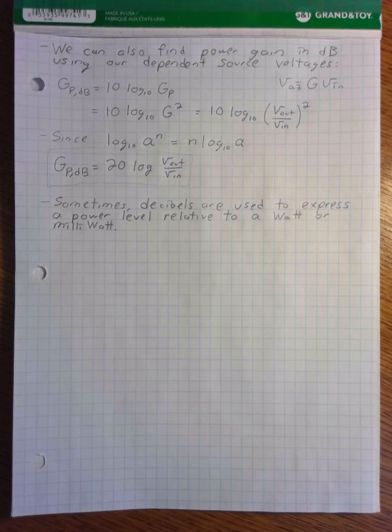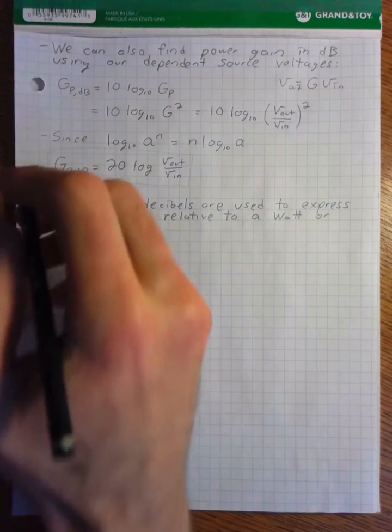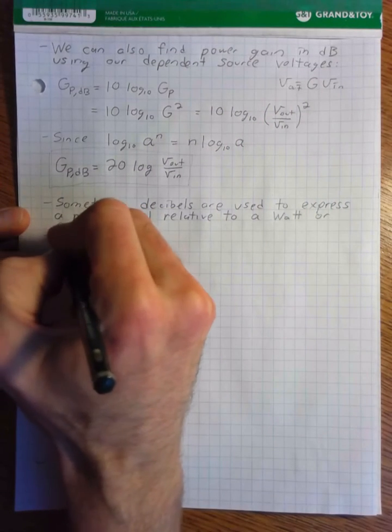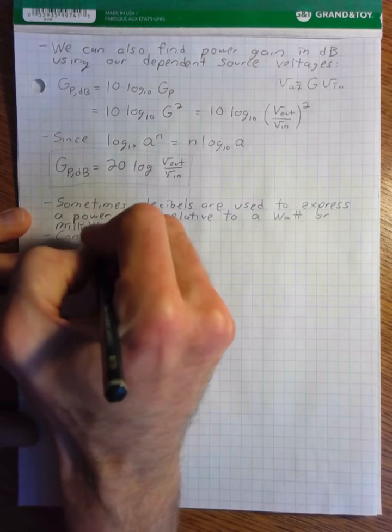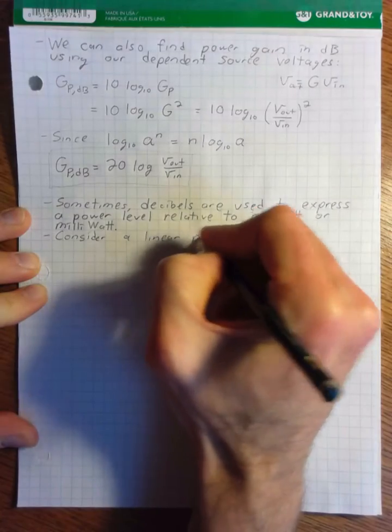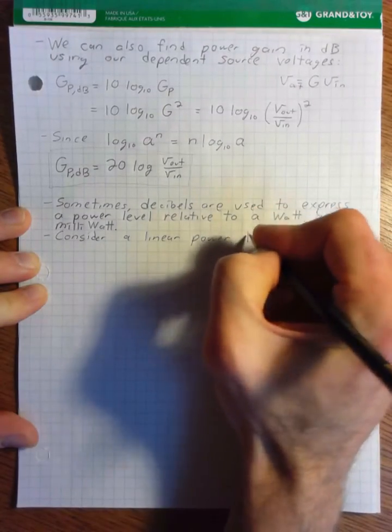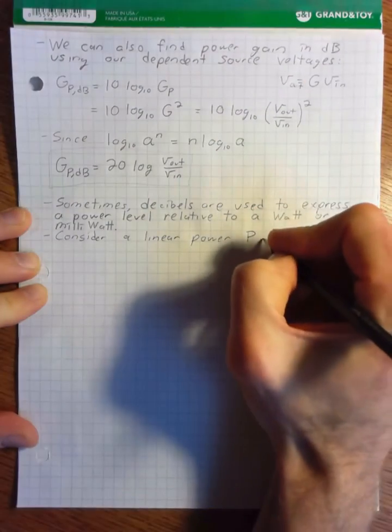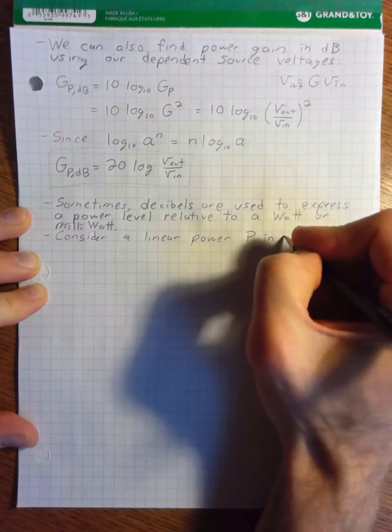Another thing that you commonly see in electrical engineering, for sure, is to use decibels to express a power level relative to a watt or relative to a milliwatt. And so I'll just show you what I mean. So let's consider a linear power P, which has units of watts.